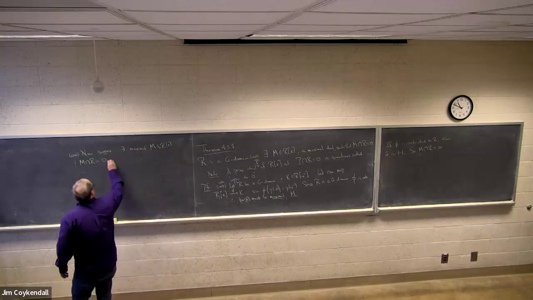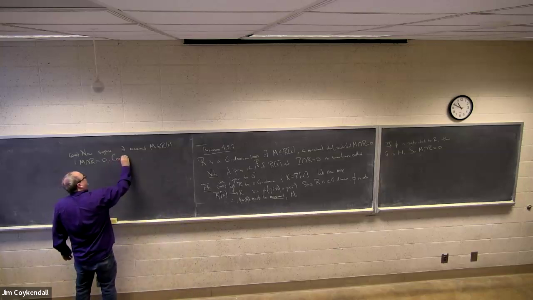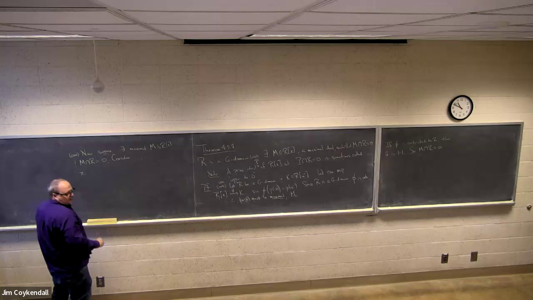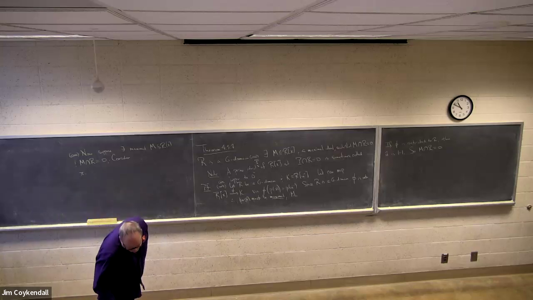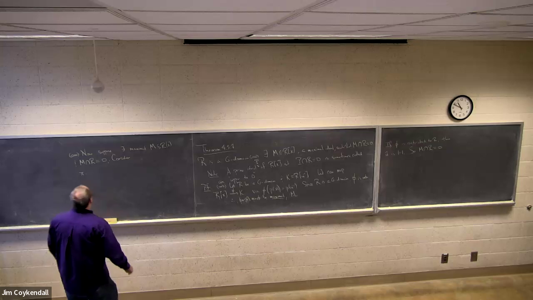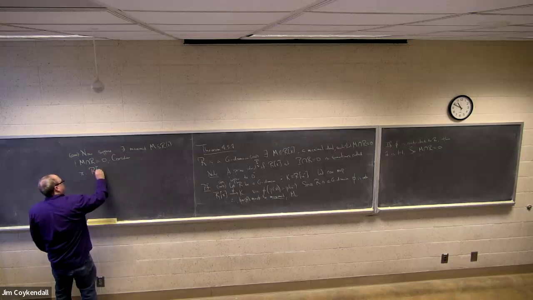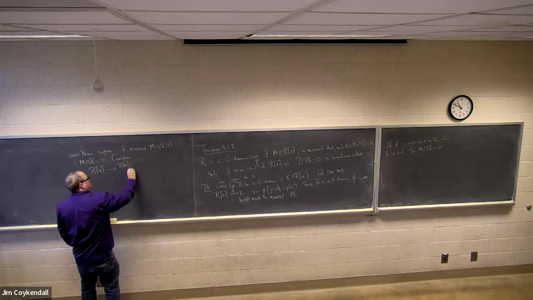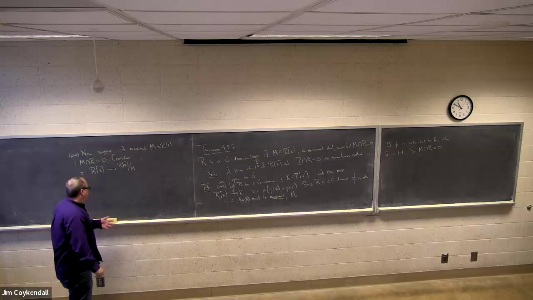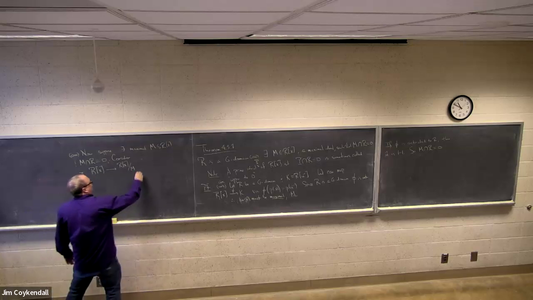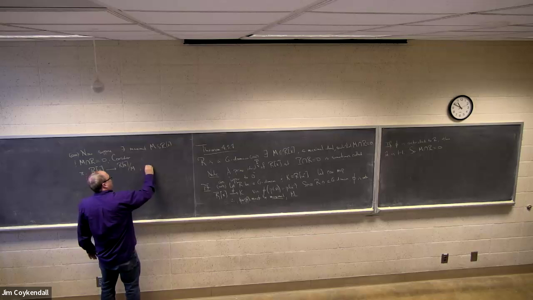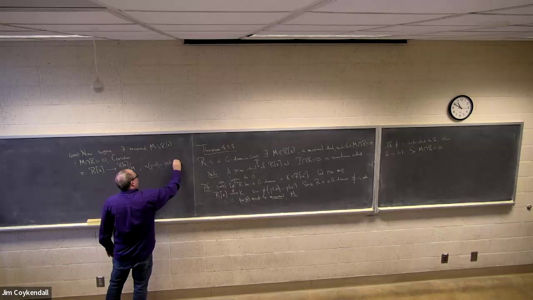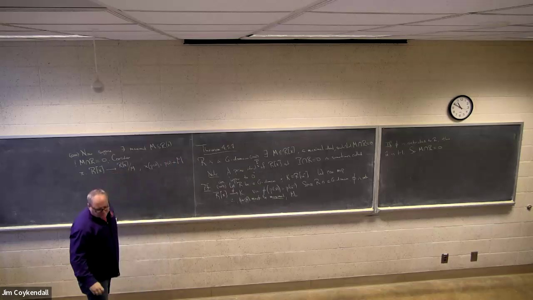Consider the projection from R[x] to its quotient. For the projection map, P of x is the coset P of x plus M.